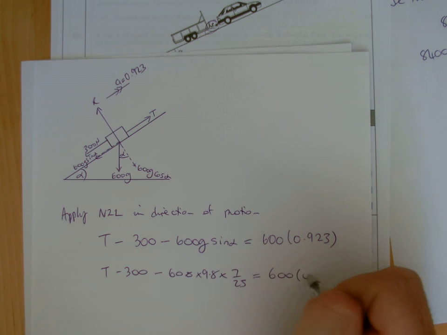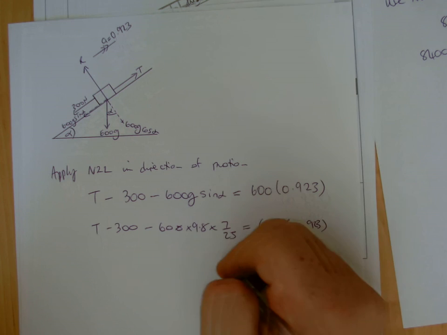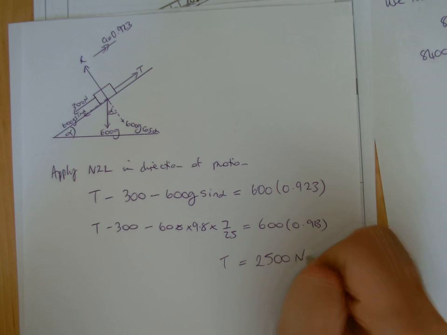Then it's a case of using our calculator to determine what T is. So I get my T out to be 2,500 newtons.